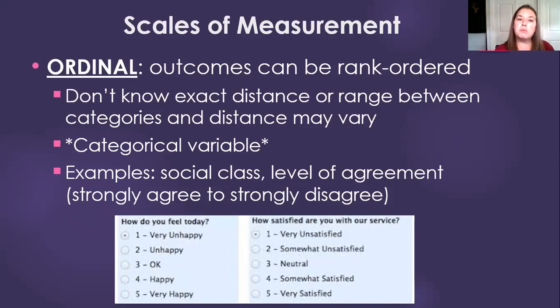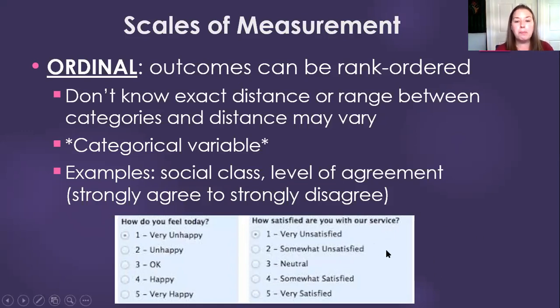So ordinal variables have these mutually exclusive categories. They can be rank ordered, but the thing ordinal variables do not have is that we cannot measure the exact distance or range between categories, right? So we can't say, for example, with this example down here, how satisfied are you with your service?